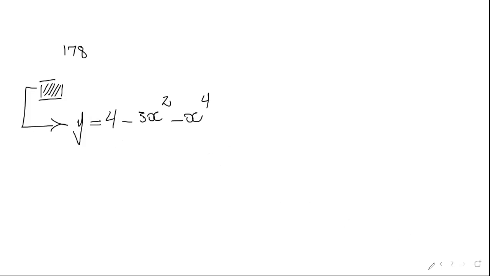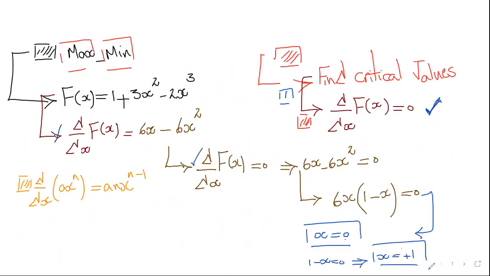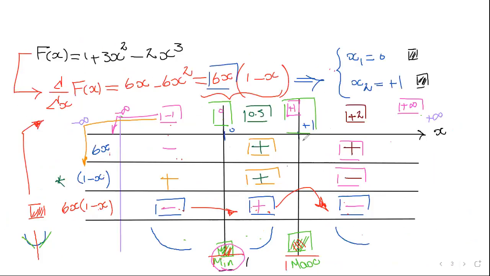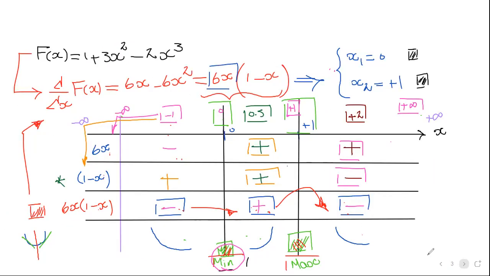As we did, you have to first find the critical value, then construct the table of sign, then find the max or minimum based on the concepts that we introduced and reviewed today. It was not a new one.